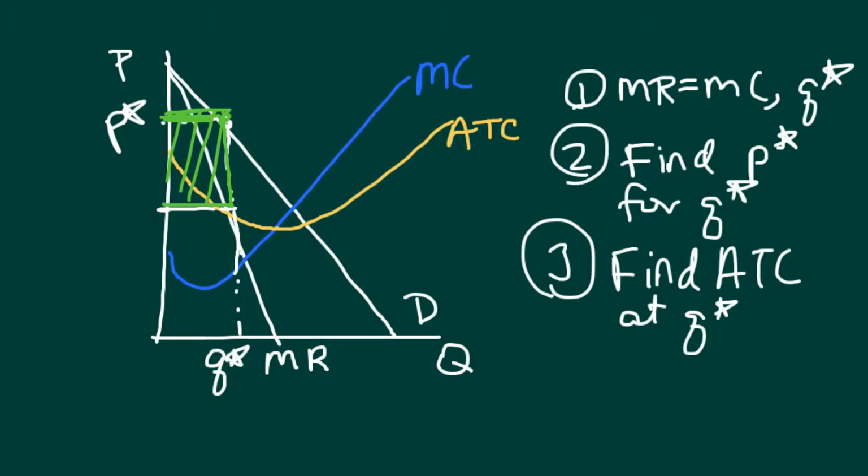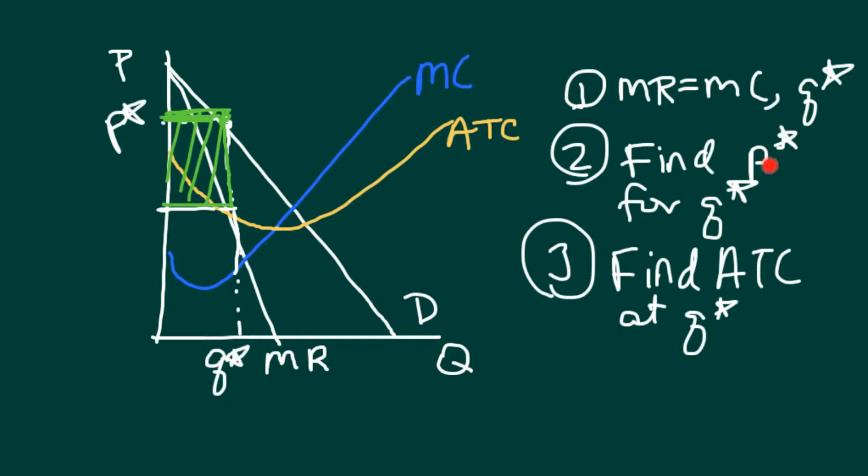Our demand curve does not equal our marginal revenue, but at the heart, what we're doing here can be broken down into these little steps. And I recommend you do break it down into these little steps where you find marginal revenue equal marginal cost, Q star. Use that Q star to find the price you should charge. You've got to look at the demand curve, wherever it is, downward sloping, horizontal, don't care.